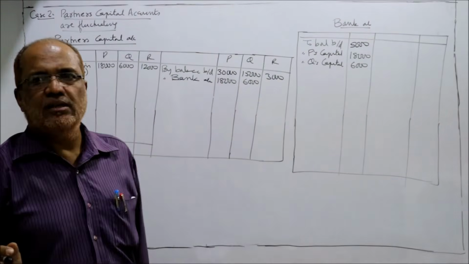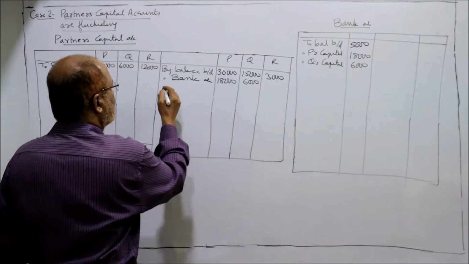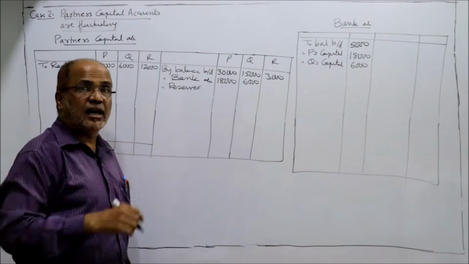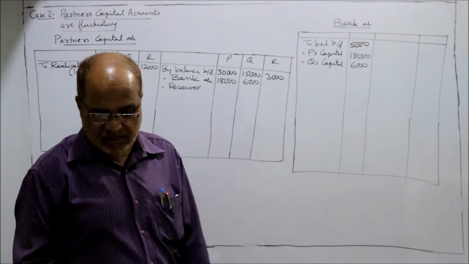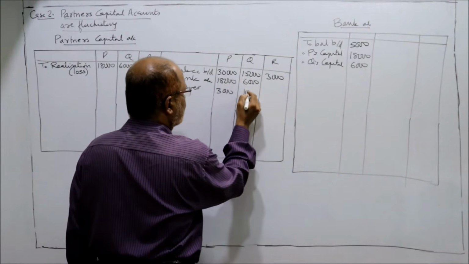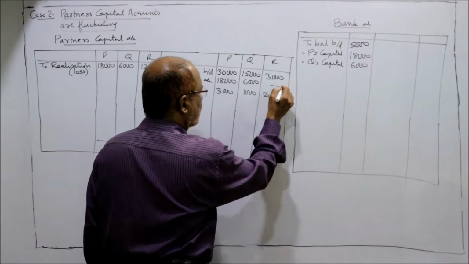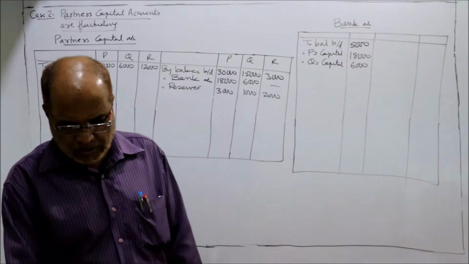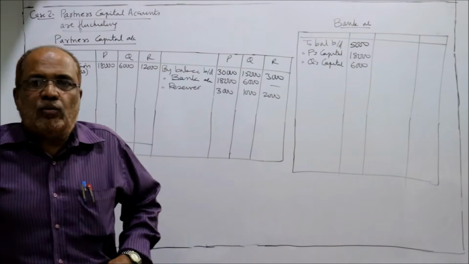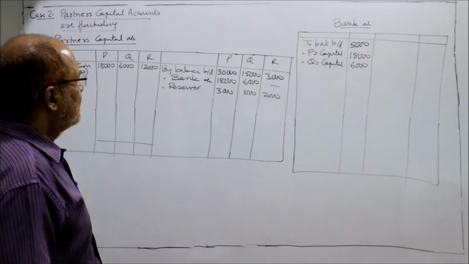Now reserves. The reserves are distributed between all the partners. So by reserves. The same entry you can see in the current account. Credit side reserves as much as they took: 3,000, 1,000, 2,000. Reserves over. Now we have to find out what the deficiency is.